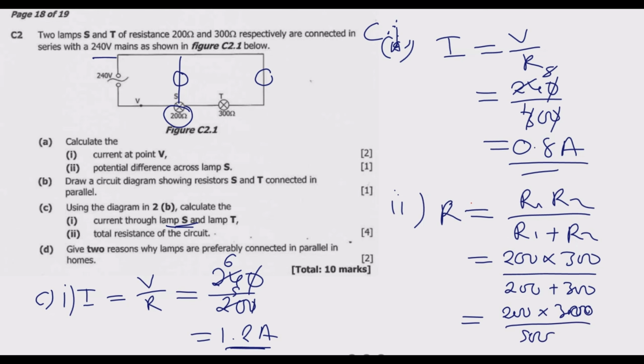In this 500, I can easily cancel the zeros, then I have 2 multiplied by 3, which is 6. So 600 divided by 5, 5 into 20 is basically 40. Then 40 times 3, I end up with 120 ohms. So 120 ohms is the combined resistor of this circuit.